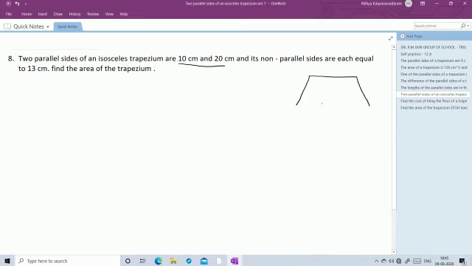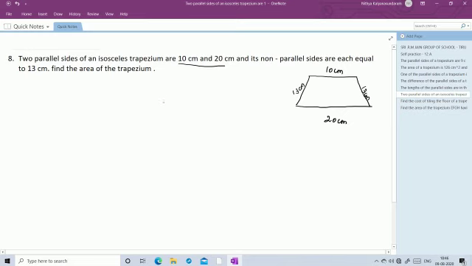So here the parallel sides are 10 centimeter and 20 centimeter. The non-parallel sides are only these two sides, given as 13 centimeter each.